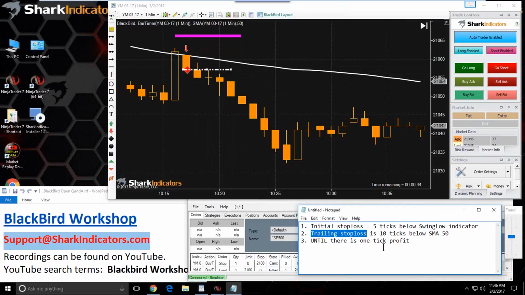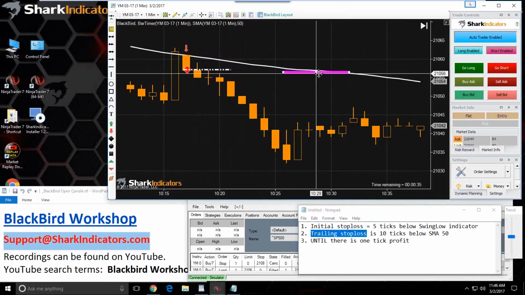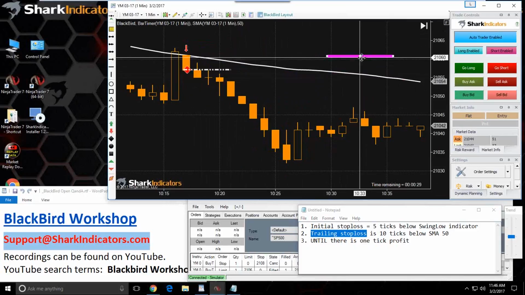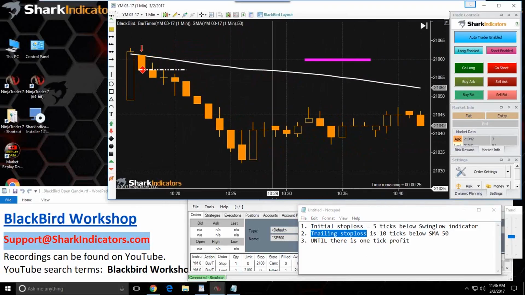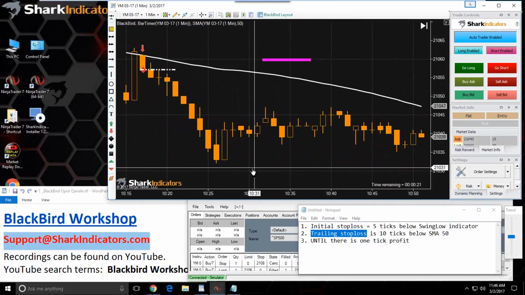So I guess it makes more sense that what was really meant was that we want to wait until the stop loss moves down. The stop loss is going to follow this SMA 50, 10 ticks behind it. So we can see it's going to take a while. This might be a bad, no, this actually is a good example.